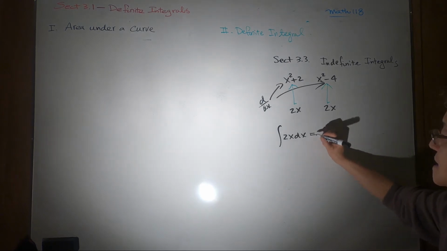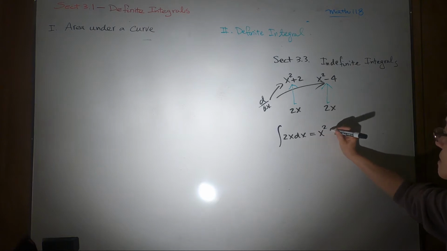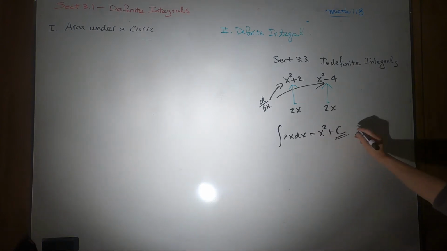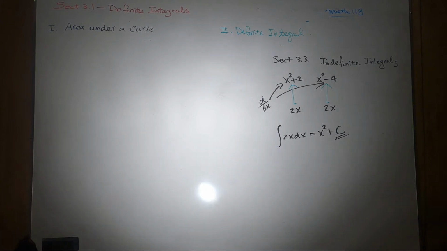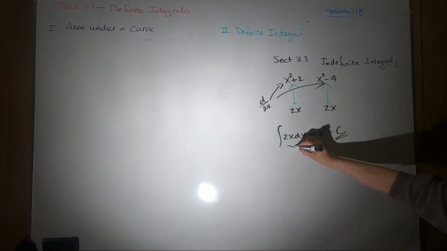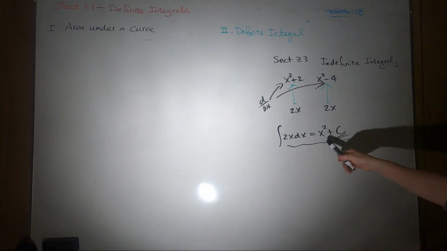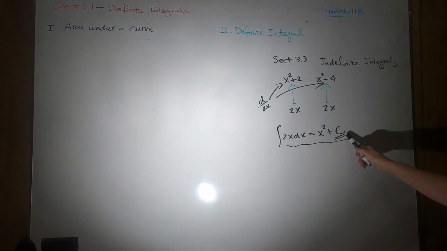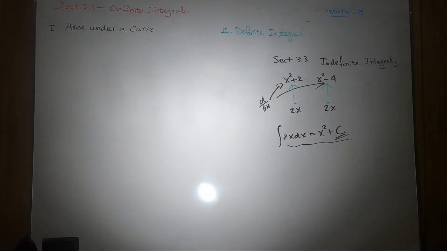So when you take an antiderivative, then it becomes what? x squared plus that c, an arbitrary constant, right? So because of that, we call them what? Indefinite integrals. Because it's not definite, just one thing. Okay, because the c can be 2, can be -4, can be 2/3.